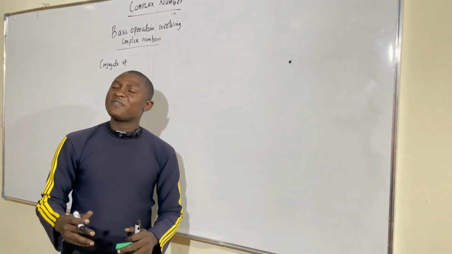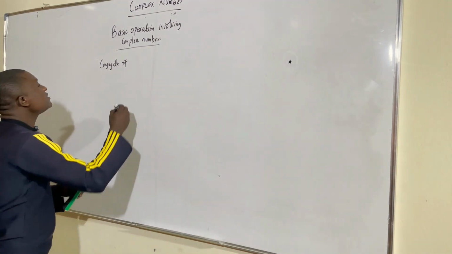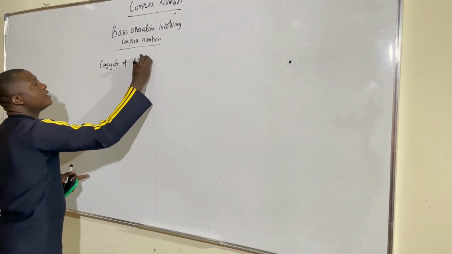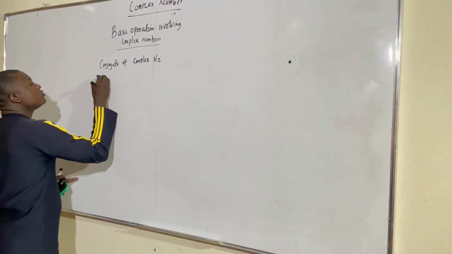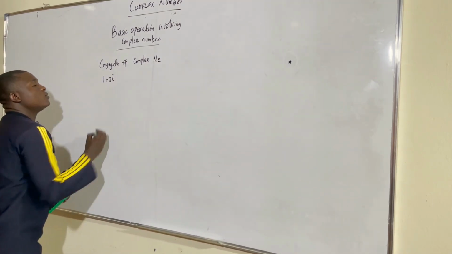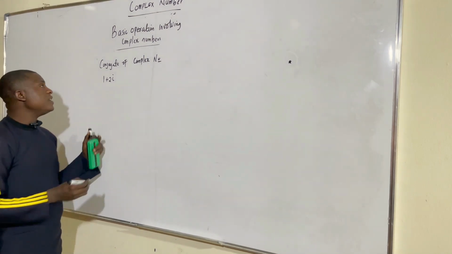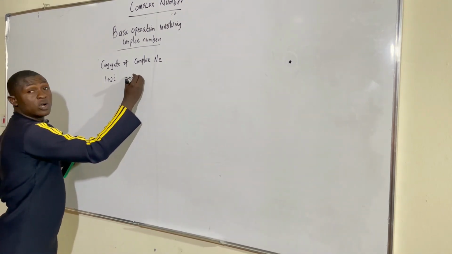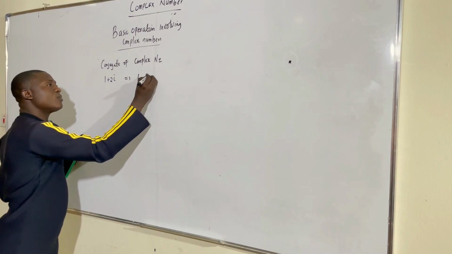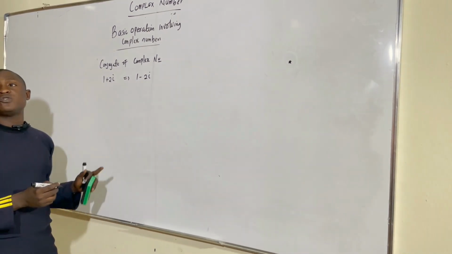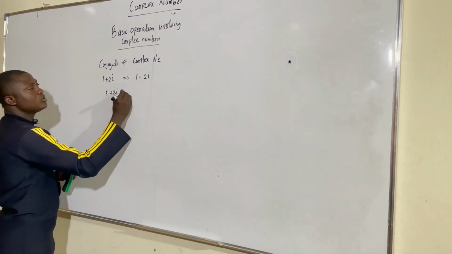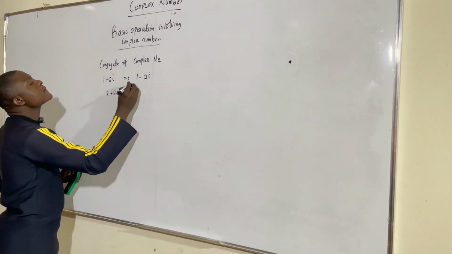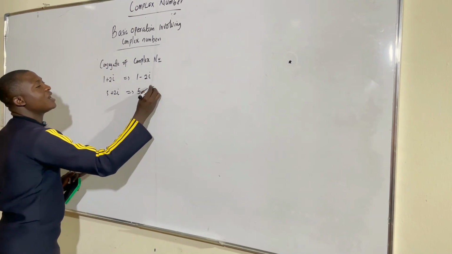So, for example, if I was asked to find the conjugate of 1 plus 2i, it's going to become 1 minus 2i. I just change the sign between them. If I have 5 plus 2i, the conjugate is going to be 5 minus 2i.